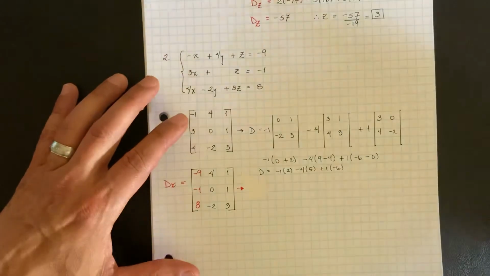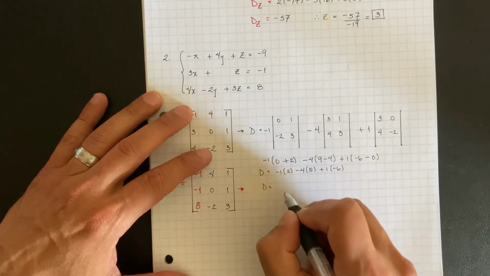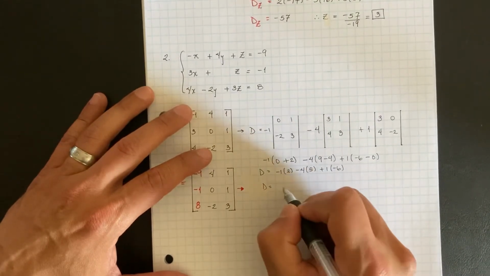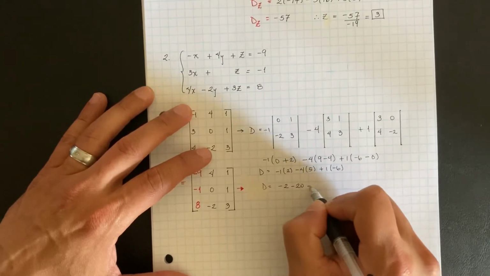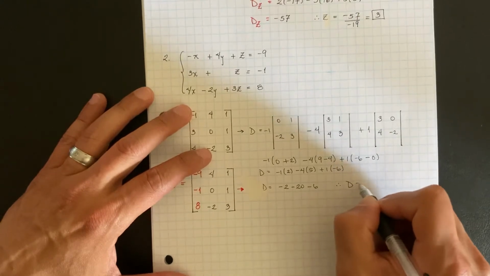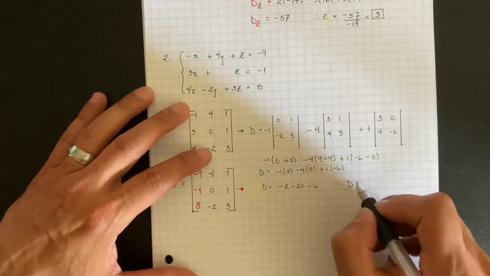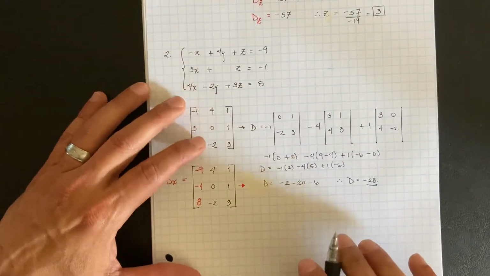It's not very difficult, but sometimes it is a little bit time consuming. So this is going to give me negative 2 minus 20 minus 6. Therefore, the determinant of my coefficient matrix is negative 28, looks like. That's what we're going to be using to divide.